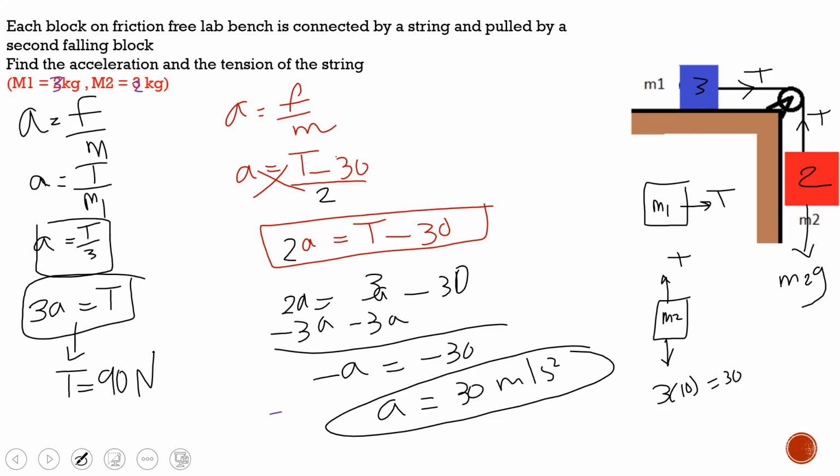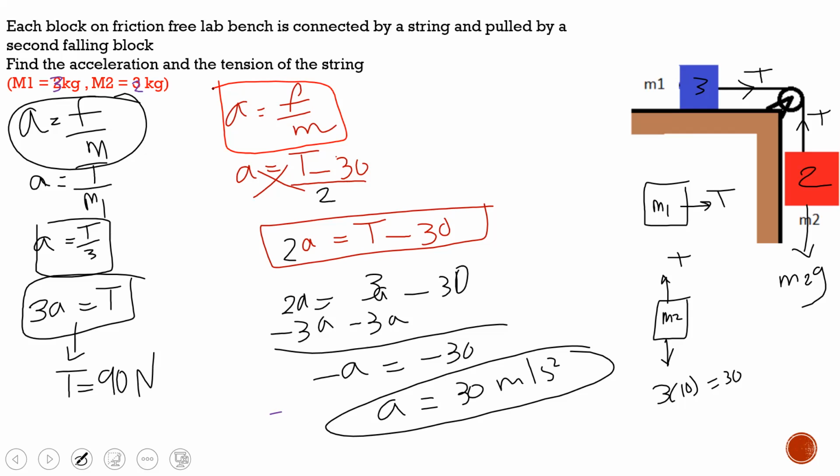So we have to find the acceleration and the tension of the string. Mass 1 is 3 kilograms, mass 2 is 2 kilograms. a is F over m. The force that acts on M1 is only the tension, so I will say tension over M1. The second one, for the same equation, a is force over m. The force applied to M2 is tension minus M2g, over mass 2.